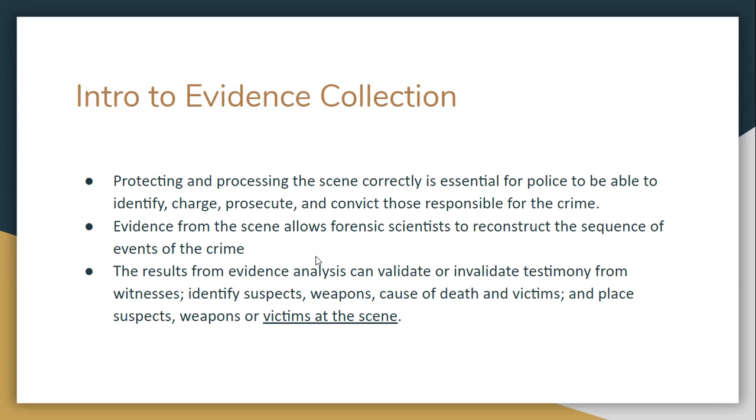So it is essential to protect and process a scene correctly so that the individuals that are responsible for the crime can be identified and charged and prosecuted and hopefully convicted. The evidence from the scene is going to allow forensic scientists to reconstruct the sequence of events of a crime, and it can also help validate or invalidate witness testimony, identify suspects, weapon, the cause of death, any potential victims, and place suspect weapons or victims at the scene.